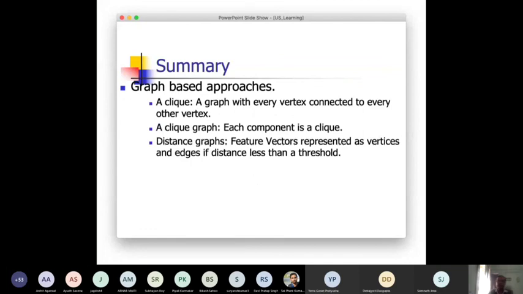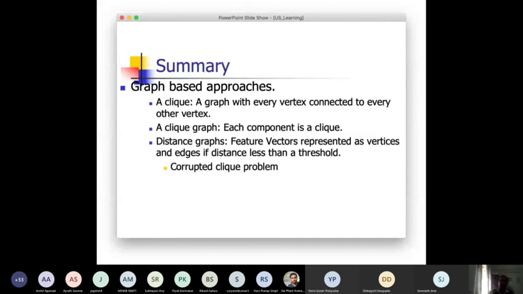And then finally, we discussed some of these graph-based approaches. We have considered the computation of clique graphs. That means particularly the problem has been mapped to a corrupted clique problem from distance graphs that can be derived from the feature space itself.